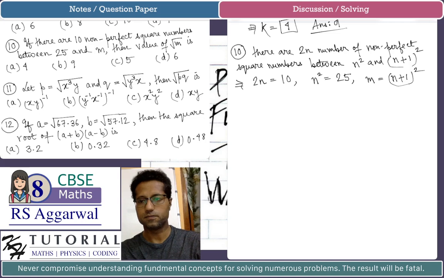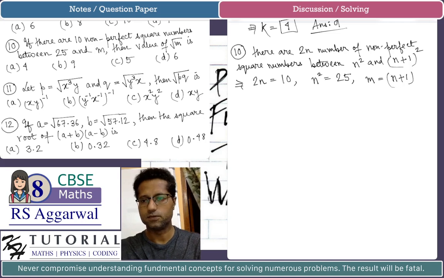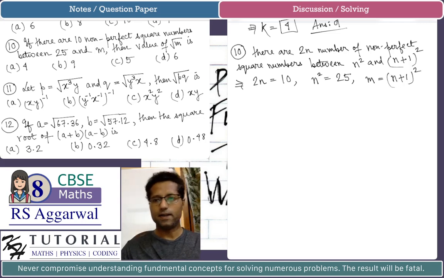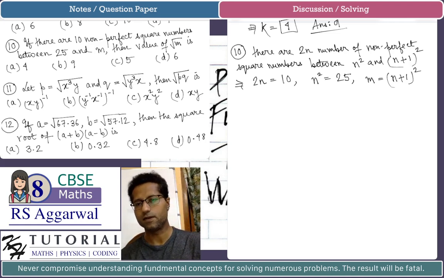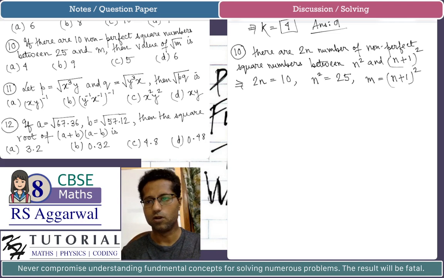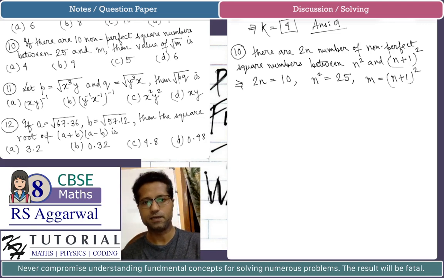We know that between n square and n plus 1 whole square there are 2n non-perfect square numbers, and the problem statement is saying that there are 10 non-perfect square numbers between 25 and m.